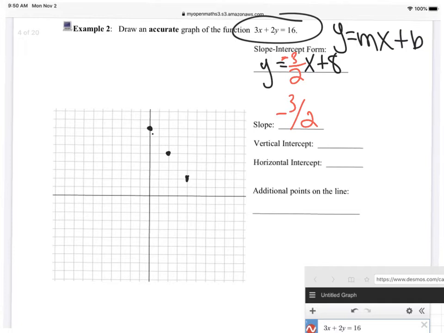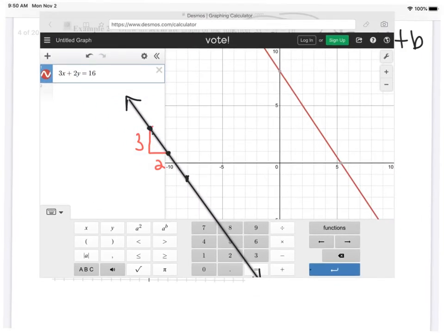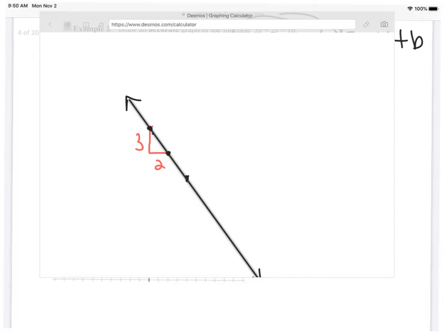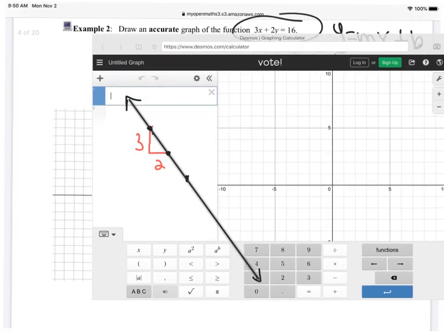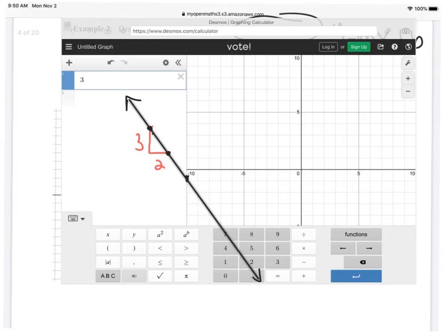The vertical intercept was 0, 8. Now our horizontal intercept was not a nice pretty number that we could graph, but we should still be able to figure out what it is from Desmos. I might have to type that back in again: 3x plus 2y equals 16.